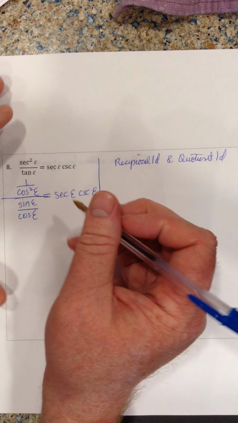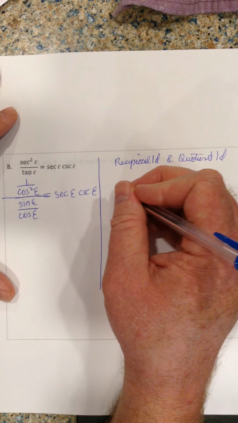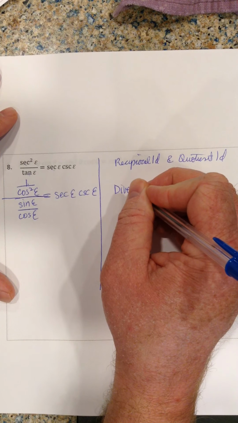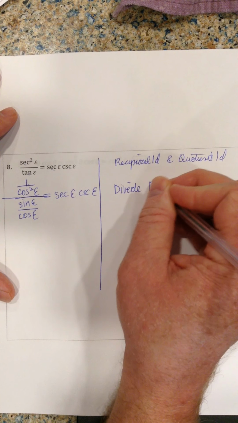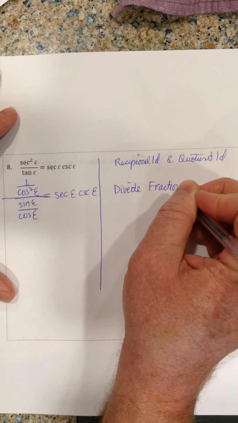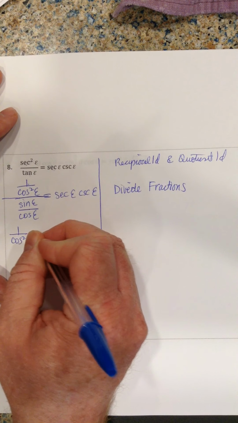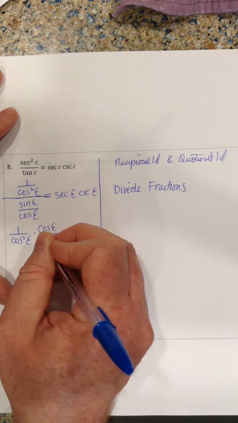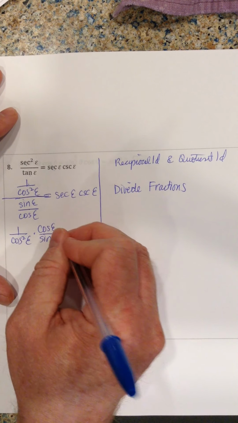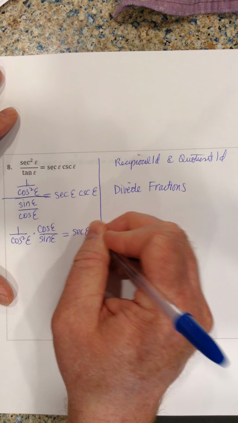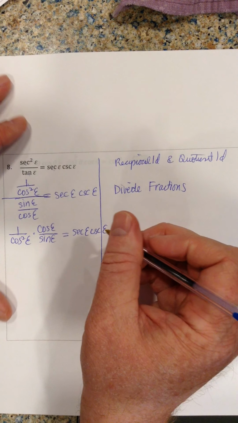right? It's a complex rational expression. So I'm going to divide fractions or rational expressions, okay? So when you divide, you multiply by the reciprocal. And that's equal to secant times cosecant of epsilon.